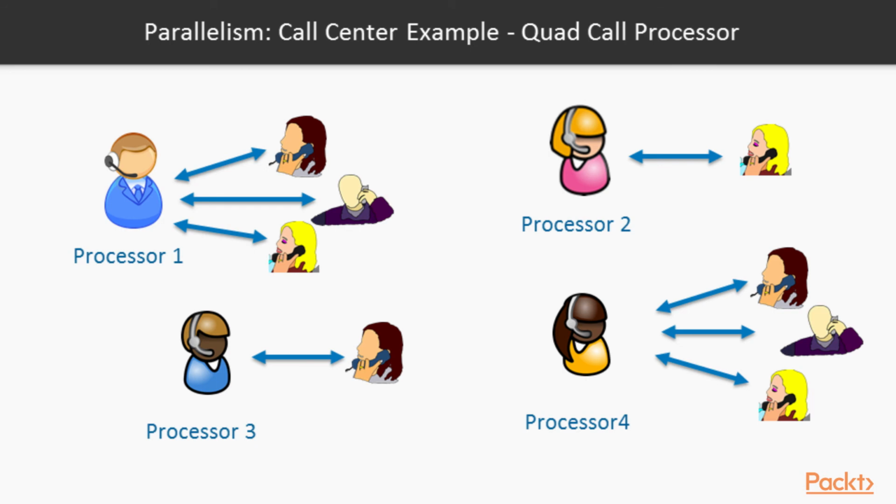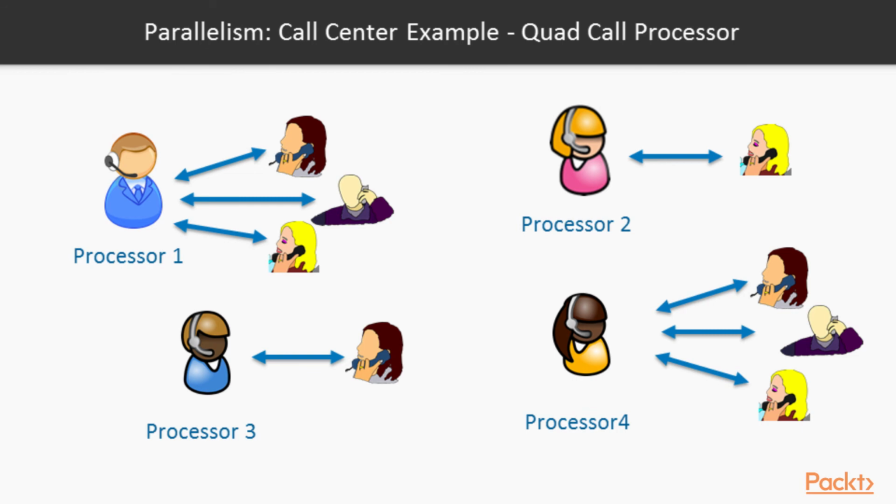Now, let's consider an example where we have 4 call processors. Now, we are able to handle customer phone calls in a parallel manner. Again, the work that needs to be done for the customers are independent of one another. By introducing 4 call processors, we have 4 processors that are handling the work of servicing the customer calls in a simultaneous manner.